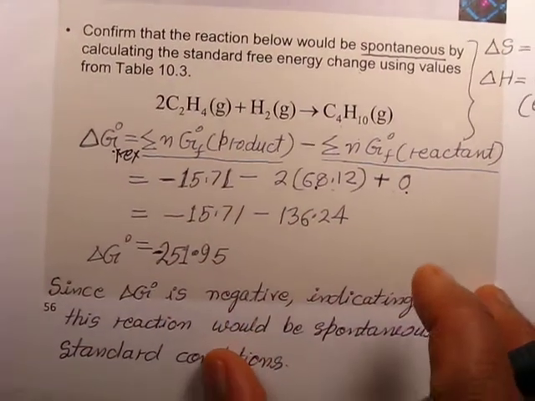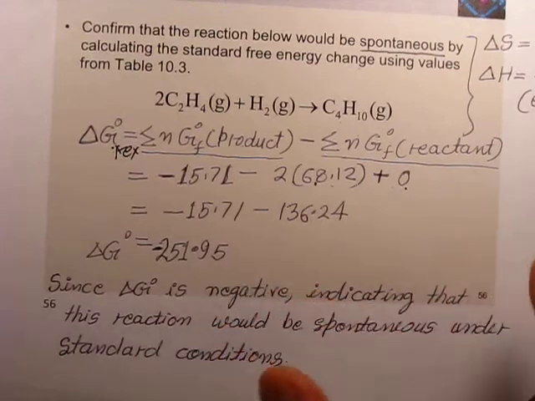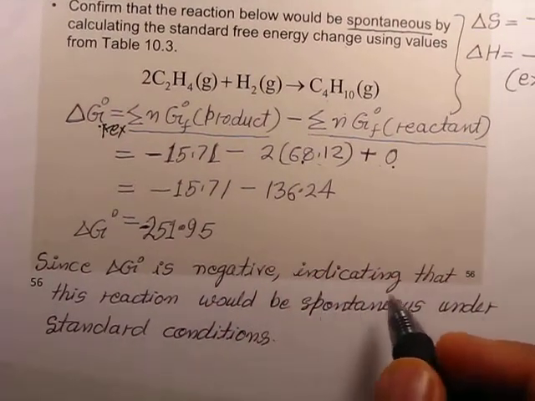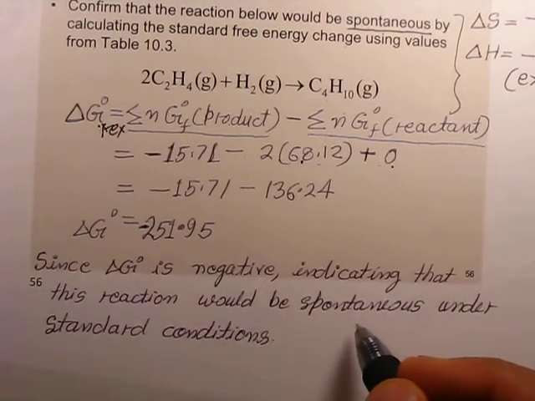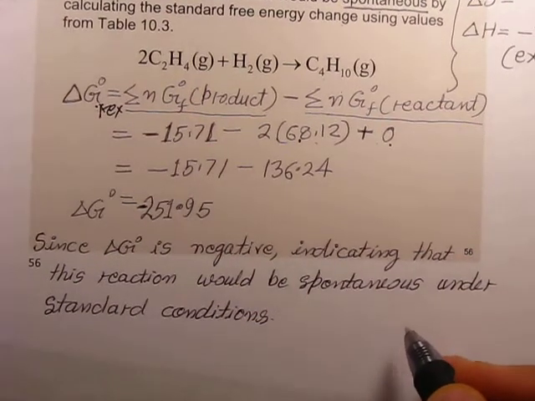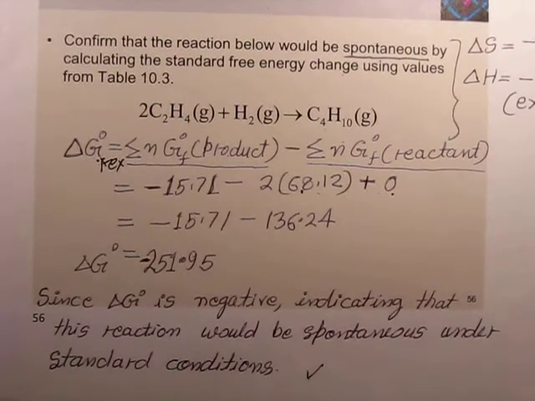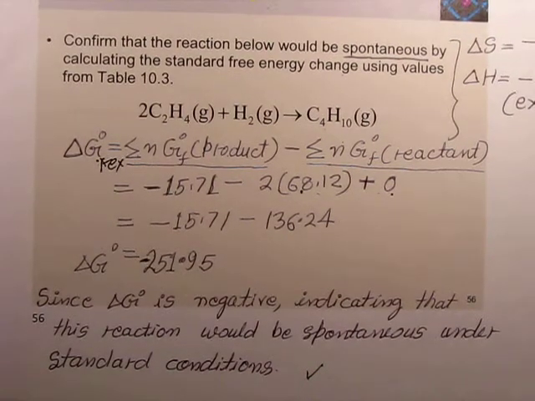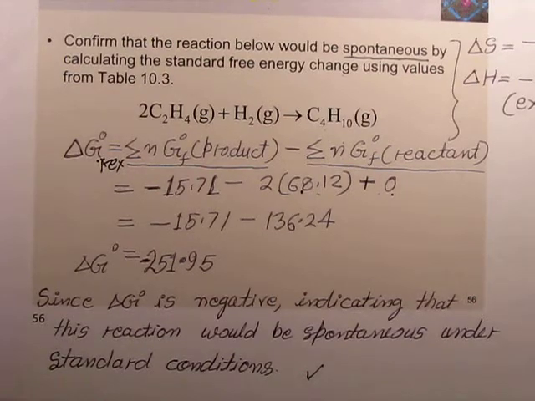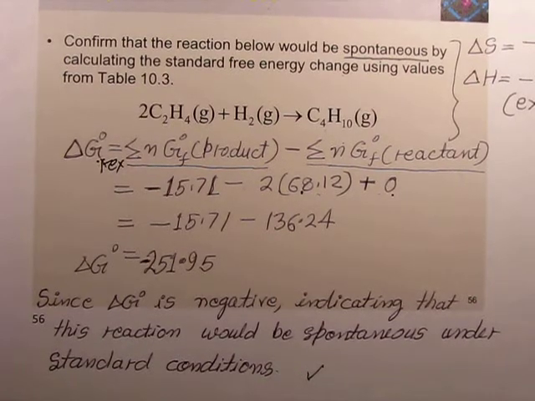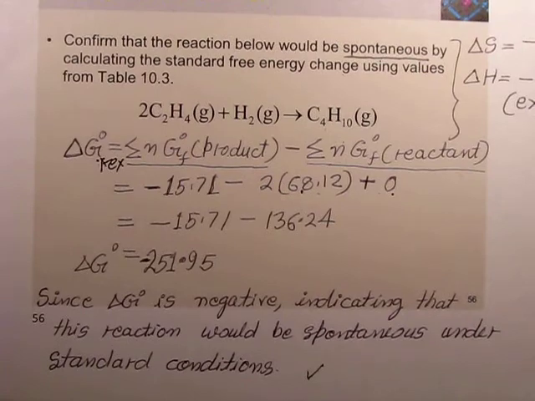Delta G will be equal to minus 251.95. Since delta G is negative, it indicates that this reaction would be spontaneous under standard conditions. So this was another example of calculation of thermodynamic values, and you can solve some more questions to understand other examples.